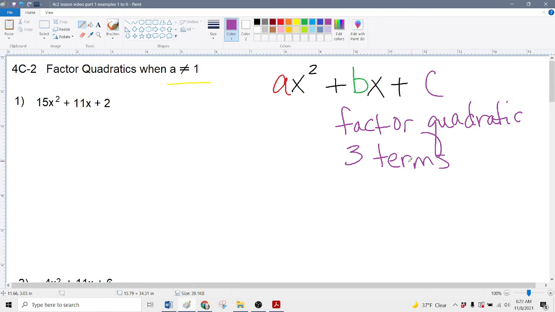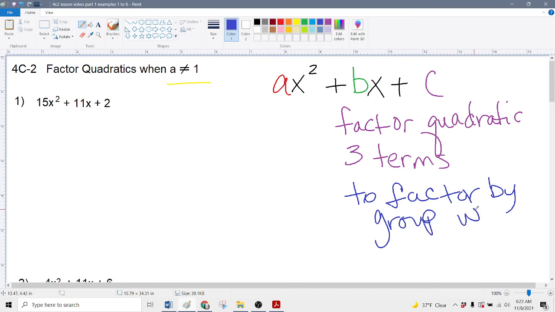And so in order to factor it by grouping, okay, which is what we want to do, to factor by grouping, we want to split the middle term. And this is the way I say it. We'll split that middle term, split the middle.